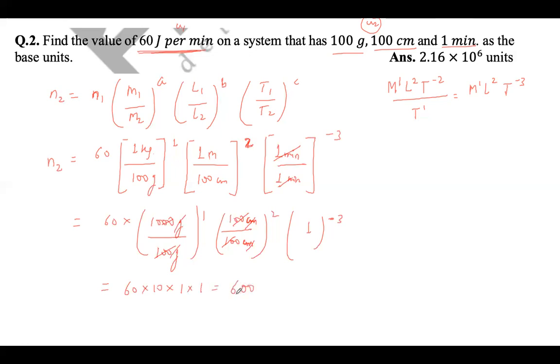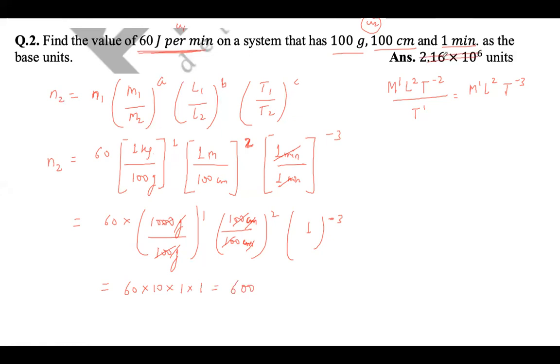So this is 600, right? So in 100 gram, 100 centimeter and 1 minute as the base units, 60 joules per minute is 600 units.